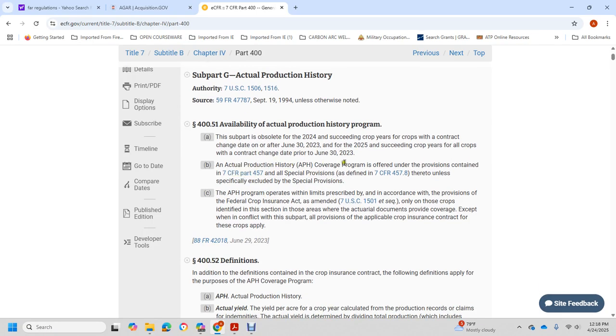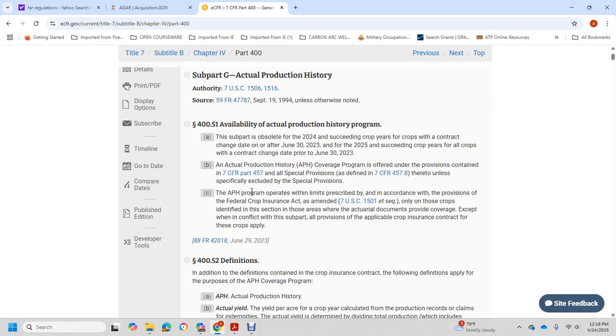Actual production history coverage is offered under provisions contained in Title 7 CFR 457, and all special provisions are defined in Title 7 CFR 457-8 unless specifically excluded with special provisions.